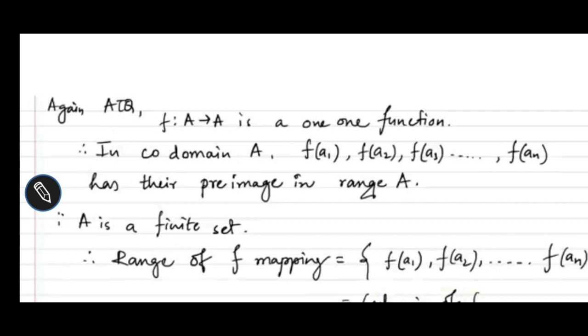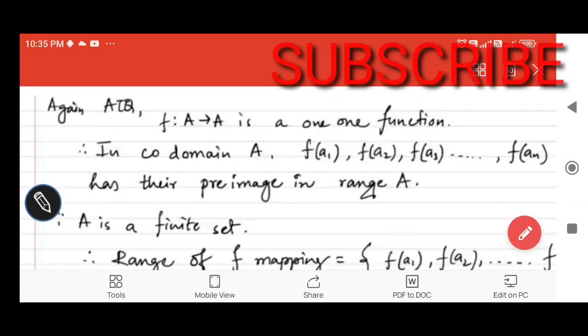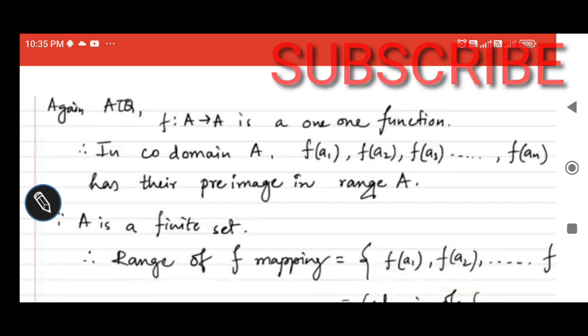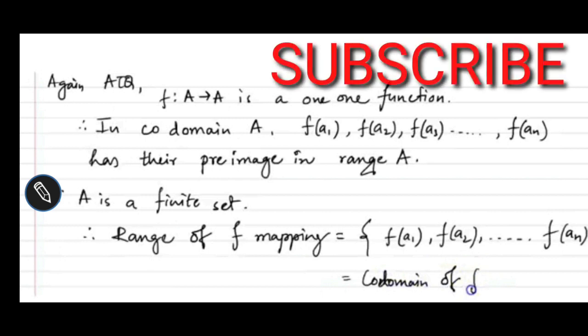So the range of f will be f(a1), f(a2), ..., f(an), which is our codomain. We know that if the range of f is equal to the codomain, then it is onto. Therefore we can say this function is onto.